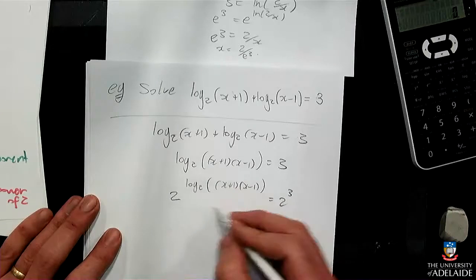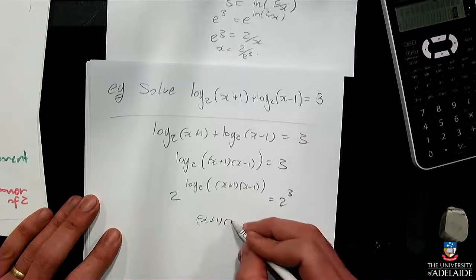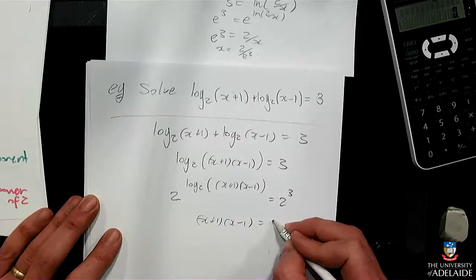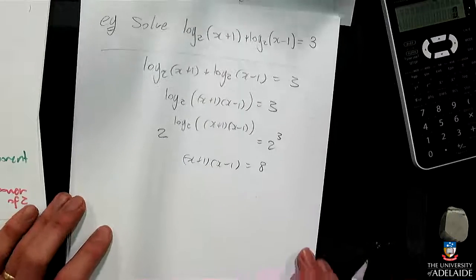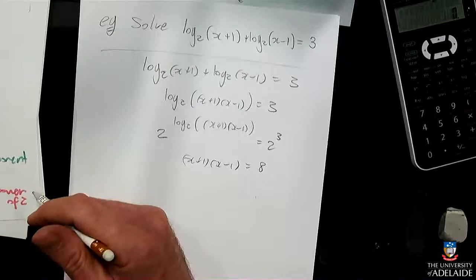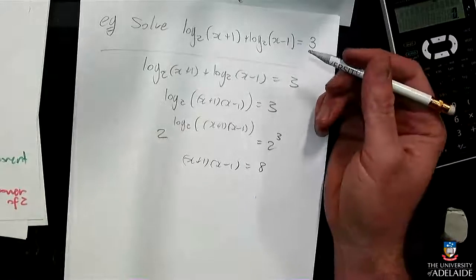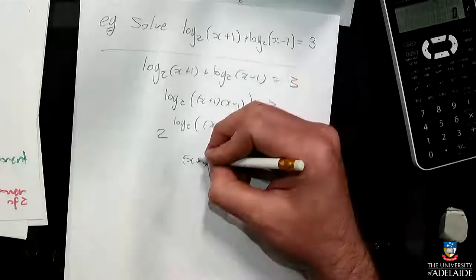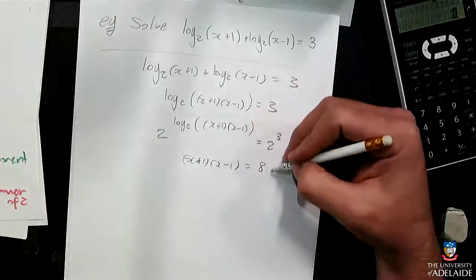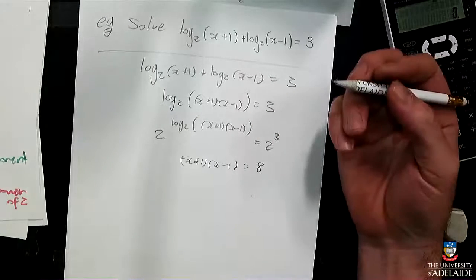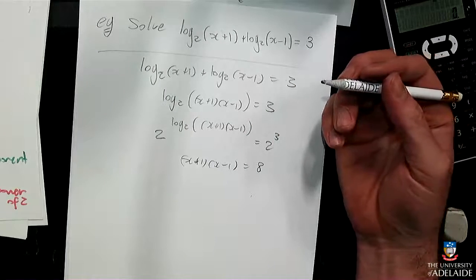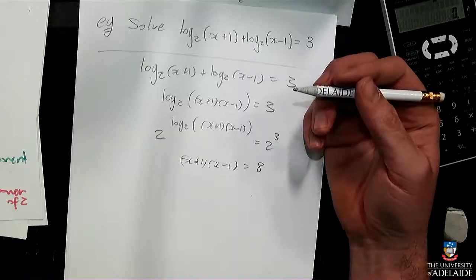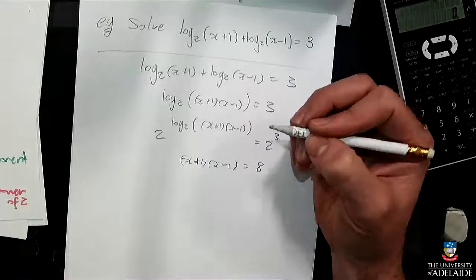And so they'll cancel and I'll get x plus 1, x minus 1 equals 8. That's not particularly helpful. I'm going to have to expand it all out to make a proper quadratic equation so that I can solve for x using factorizing or the quadratic formula or something.